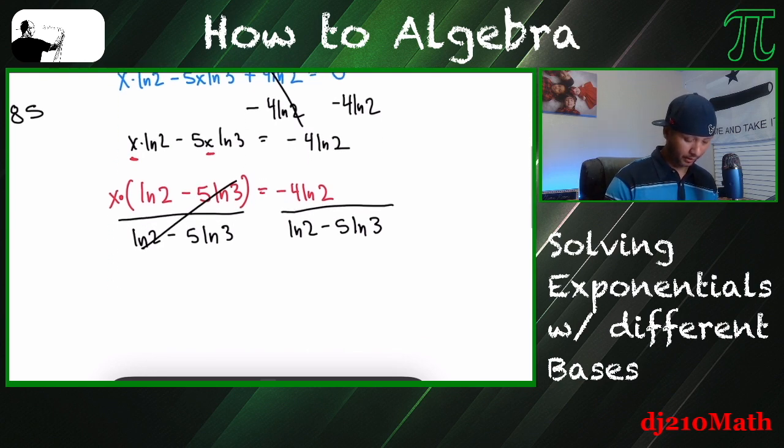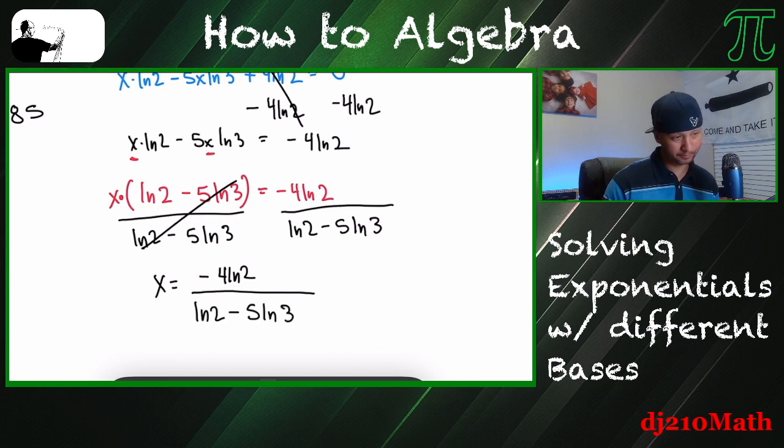So x is equal to negative 4 ln 2 over ln 2 minus 5 ln 3. Right? These are all just numbers, right? They're natural logs. This is an exact answer. If we put this in a calculator, rounded to 3 decimal places is 0.578.